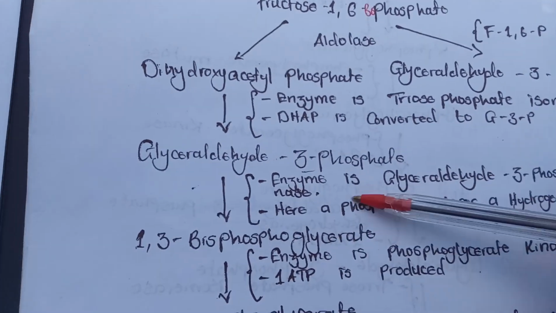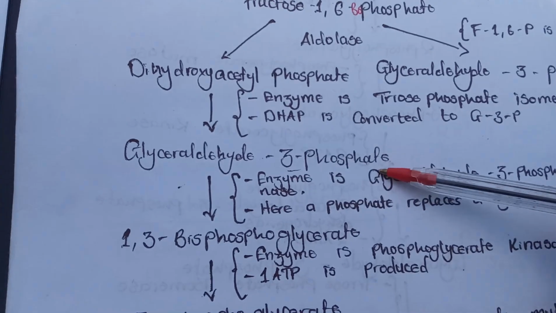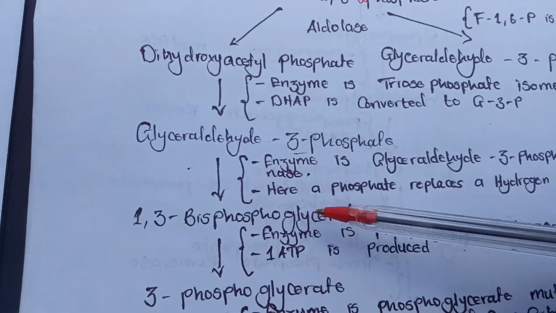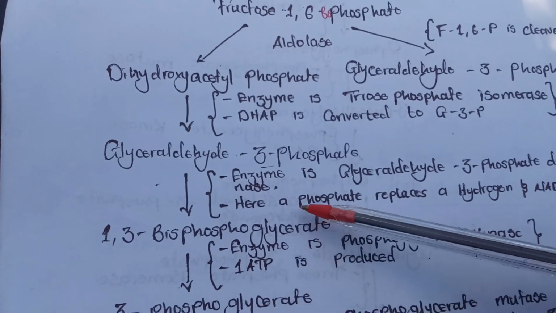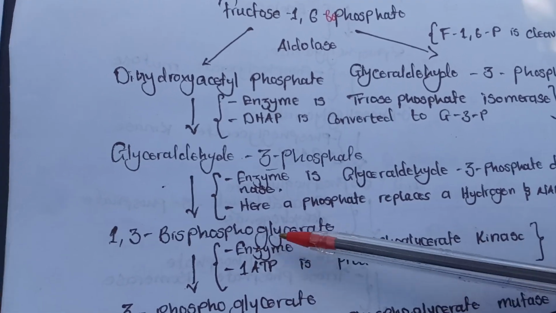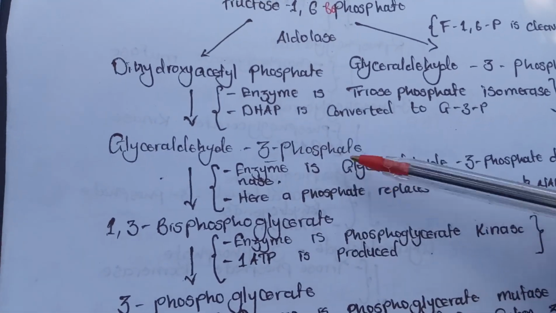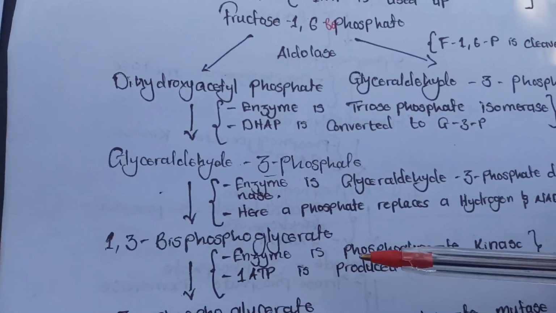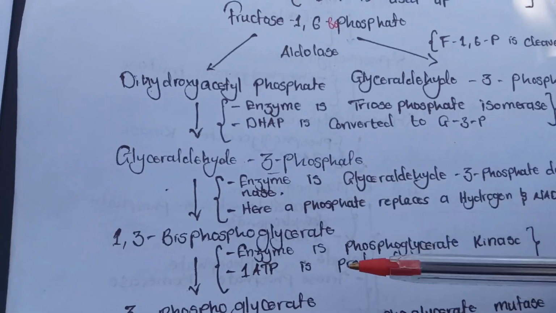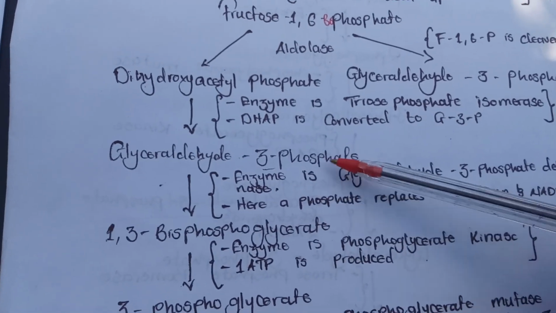Then the next step involves glyceraldehyde 3-phosphate being converted into 1,3 bisphosphoglycerate. In this case, we are adding a phosphate group to this compound. Actually, we're not even adding a phosphate group, what we're simply doing is removing a hydrogen.